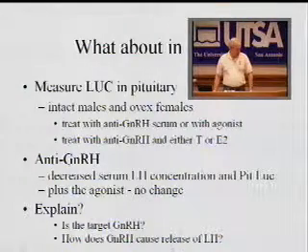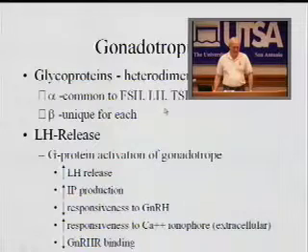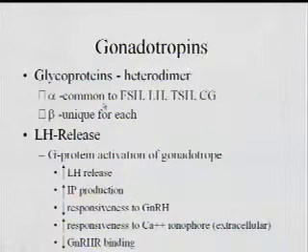But how does the GnRH cause the release of the LH? Well, we recall that the gonadotropins are glycoproteins. They're heterodimeric. There's the alpha that's common to all of these, and the beta subunit that's unique for each. So for LH release, it is a G protein activation of the gonadotropes that's responsible for it.